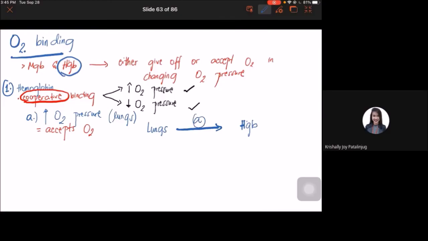So it will accept oxygen. This structure of hemoglobin has 4 hemes, right? Per heme, it can accommodate one oxygen, so 4 oxygens in all. It will keep doing that until it is fully saturated. That is its aim. When the oxygen pressure is high, hemoglobin will be saturated.